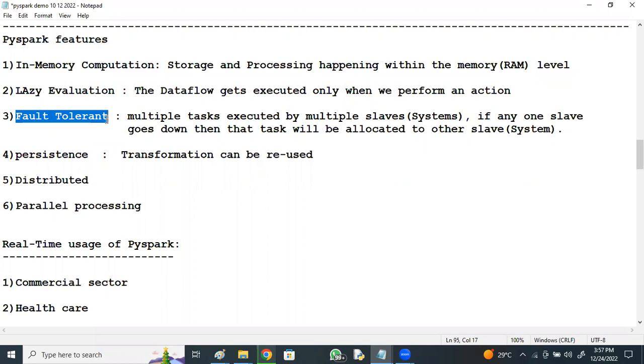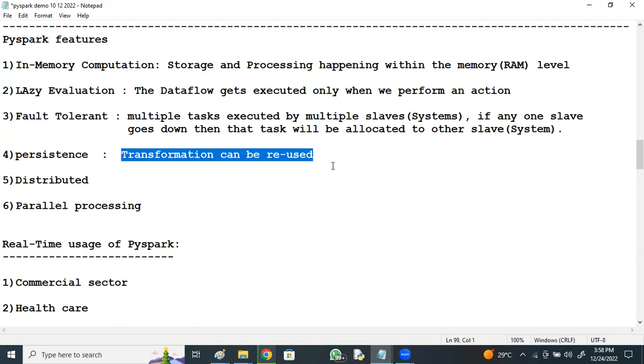Yes. Persistence is one more feature of PySpark. Transformations can be reused. We no need to write the code again. You can take the output of an already executed transformation instead of re-executing the same transformation again and again, and use it to perform operations. That's what we call persistence.